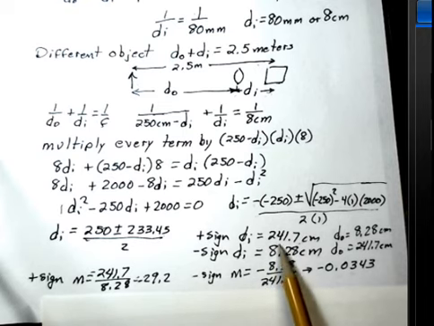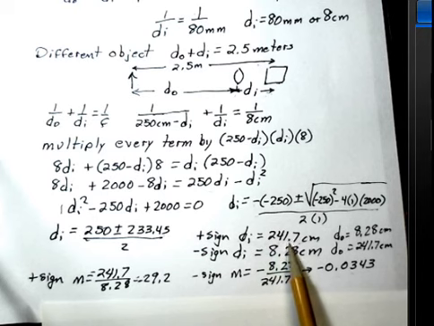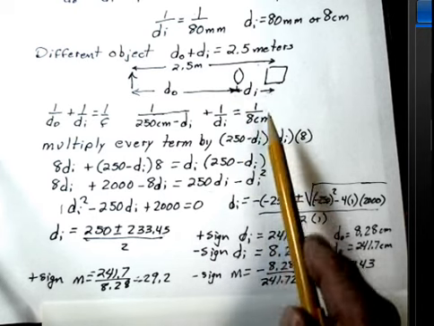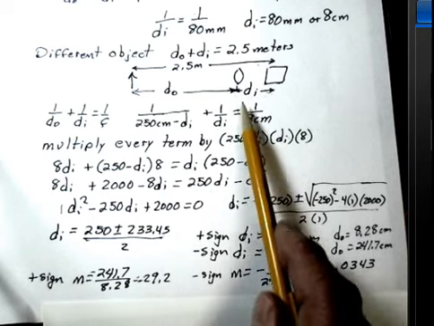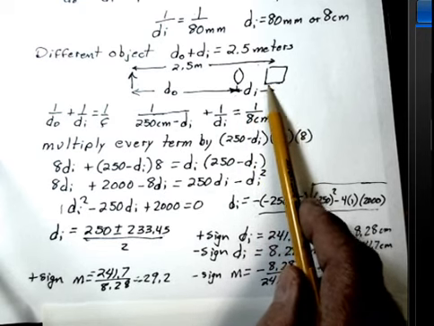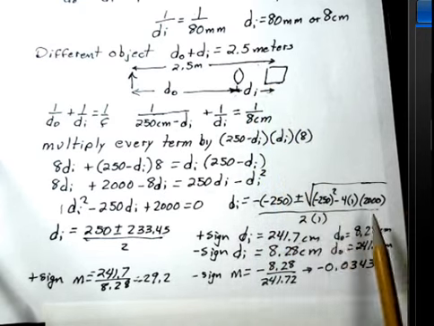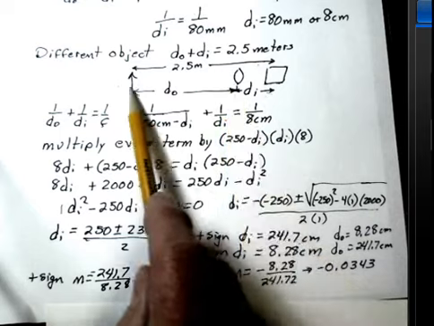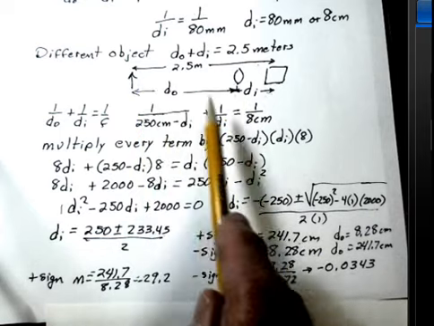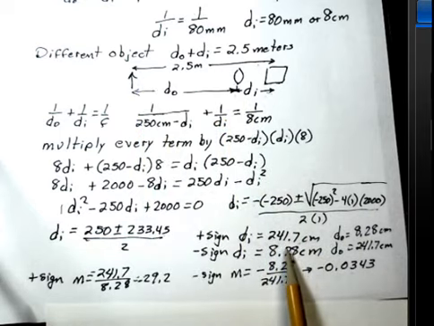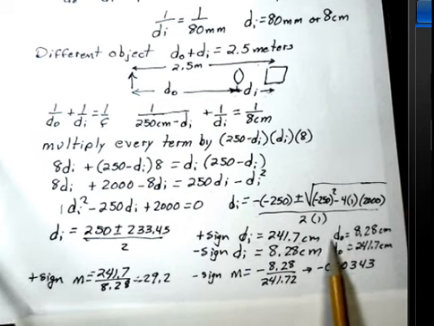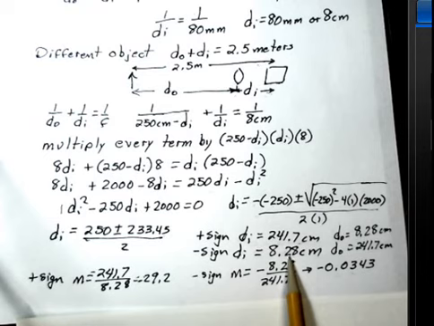The other thing to think about, if you think this is the reasonable answer, that di is 241.7, that means that this lens needs to be 2.4 meters away from the sensor. It was 8 centimeters. Now we're trying to force it to be 240 centimeters from the lens. So that is not going to work. So the physical result, the reasonable result, is that the image distance is 8.28 centimeters.